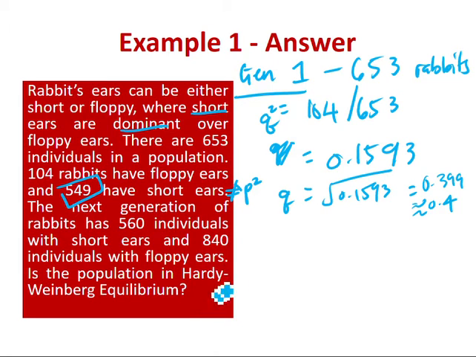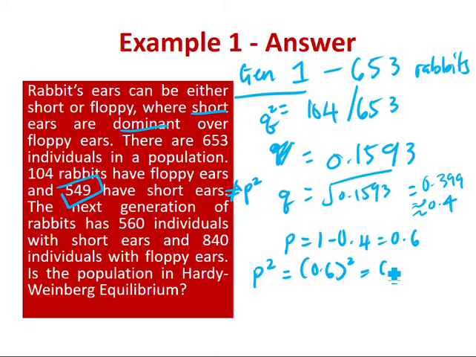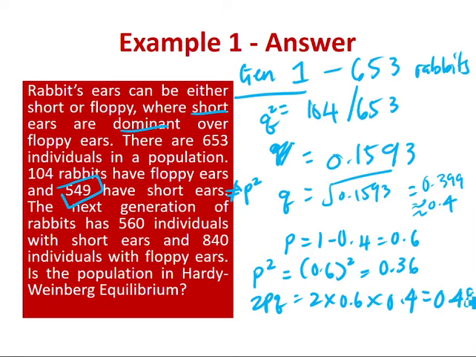Now, what is your p? 1 minus 0.4 is 0.6. Now you have to calculate p squared, which is 0.6 squared, and you get 0.36. Then calculate 2pq, which is 2 times 0.6 times 0.4, which gives you 0.48. So you have this information for the first generation.